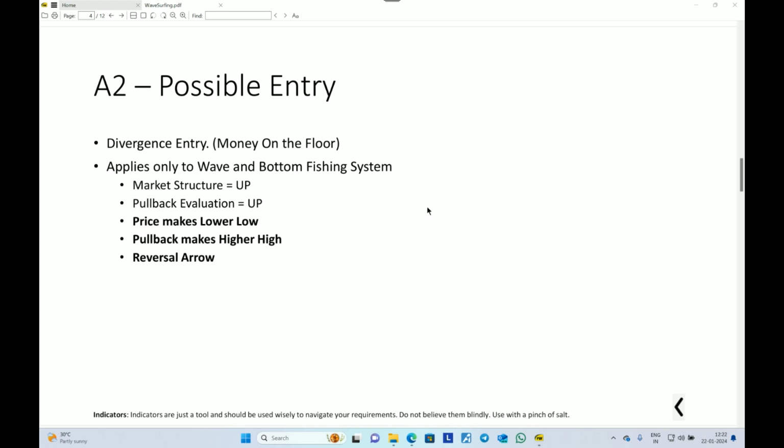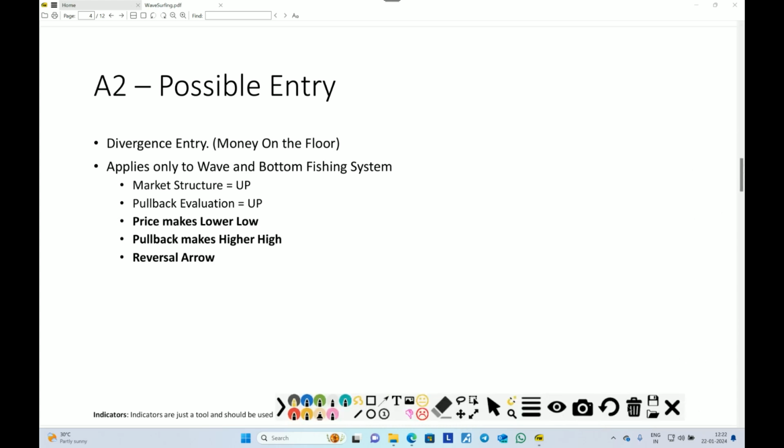Let me bring my marker. There you go. So this is a divergence entry, and this is also known as money on the floor. What does that mean, money on the floor?